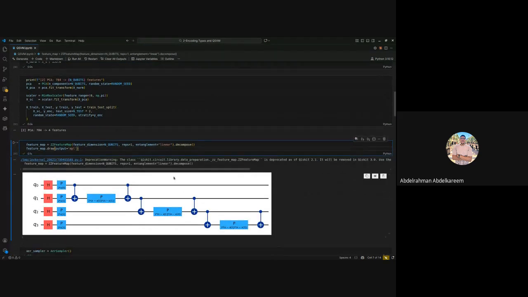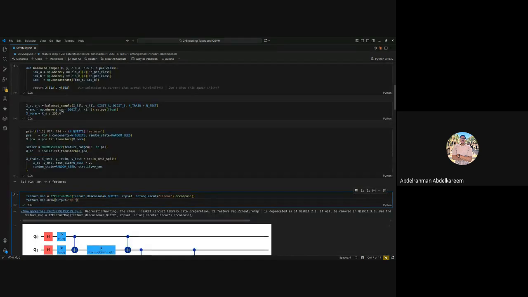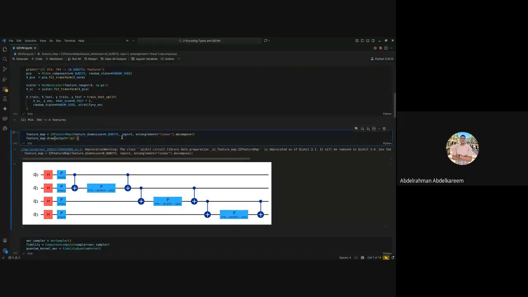Okay. Here, this is a ZZ feature map. As you have seen, the argument feature dimension is n qubits, which is 4, so it's 4 qubits. Here, reps means how many repetitions I want.